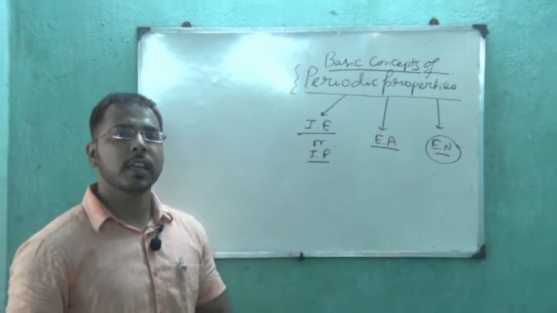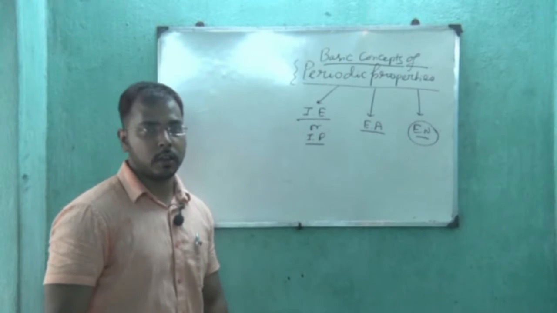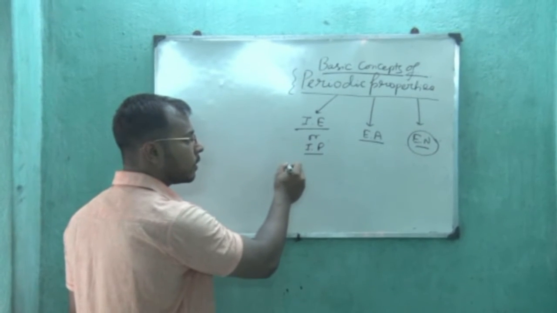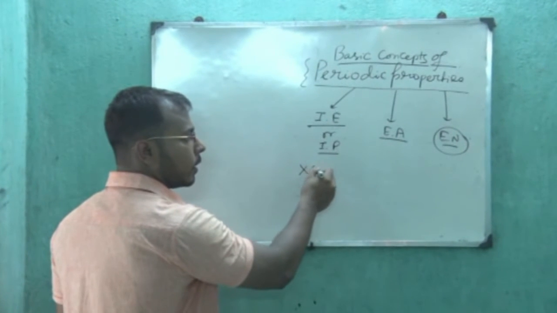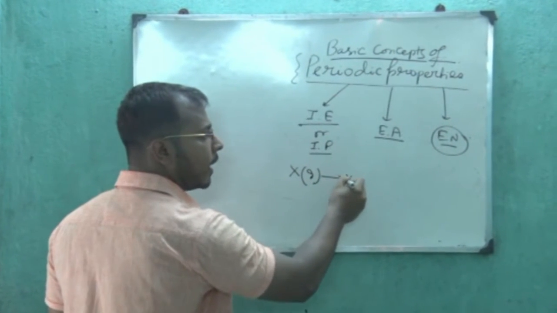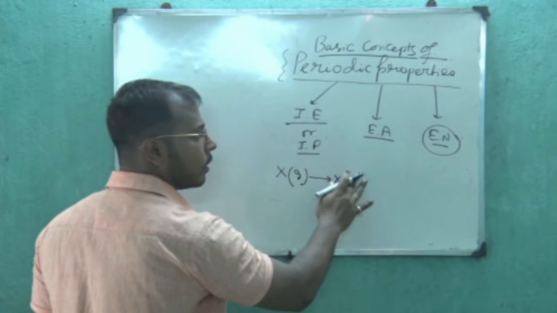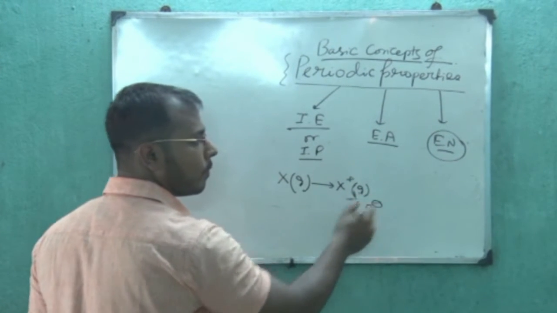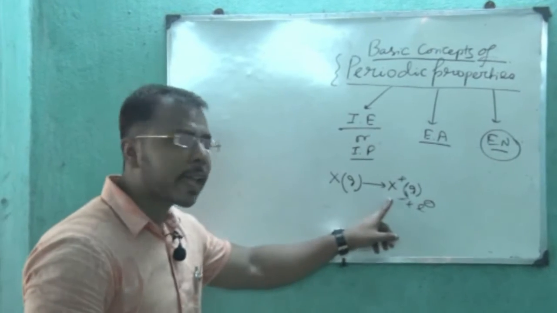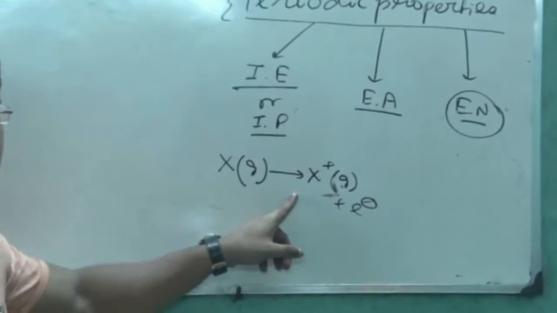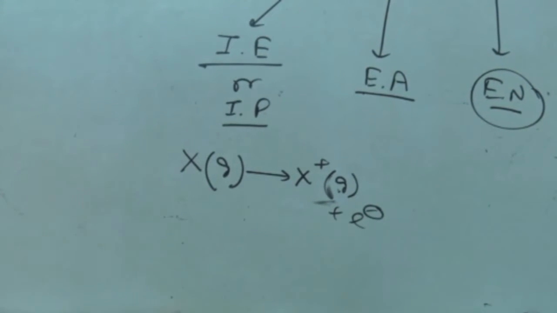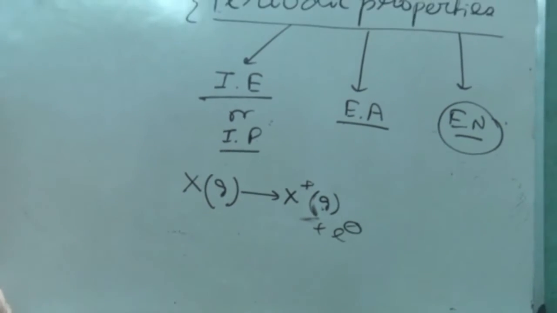So ionization energy or ionization potential, what does it mean? It means if any element removes one electron to form a cation in its gaseous state, the amount of energy absorbed by this element is known as ionization energy.